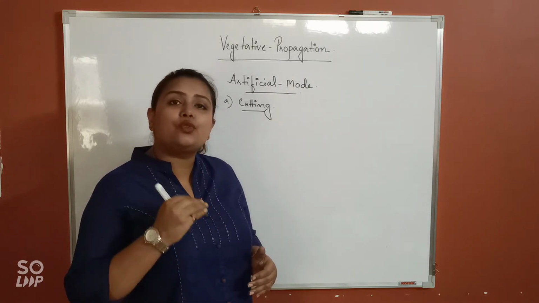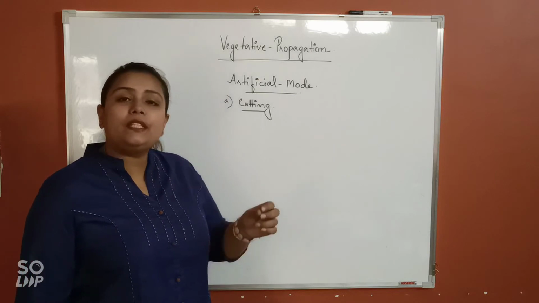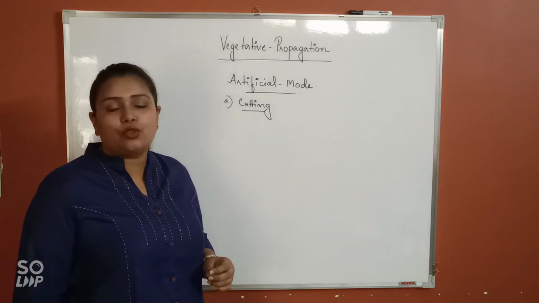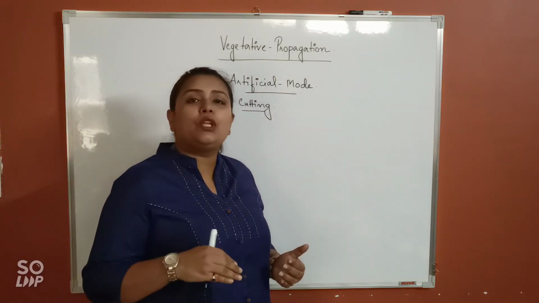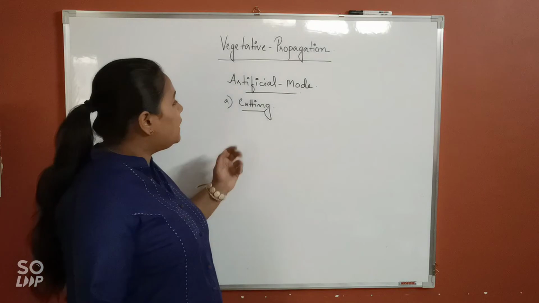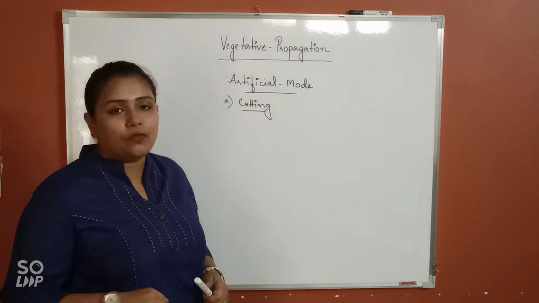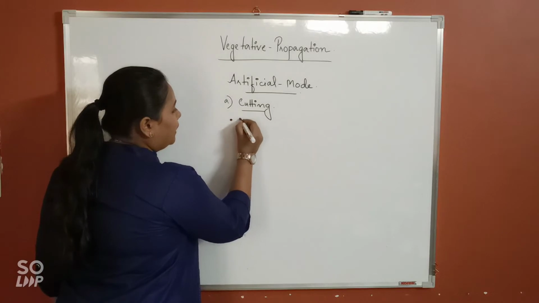It induces root formation, and eventually the buds will germinate and give rise to a new plant. In cuttings, there can be various parts of the plant that can be used, the most common being stem cutting.